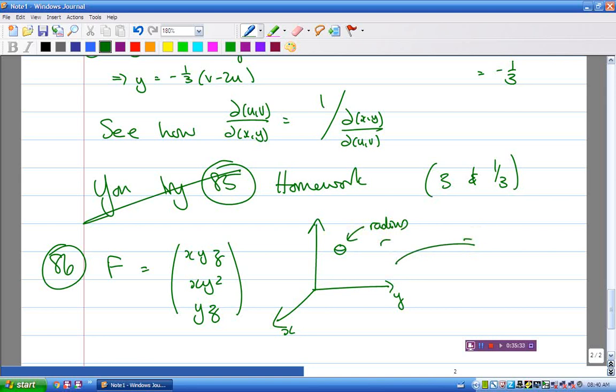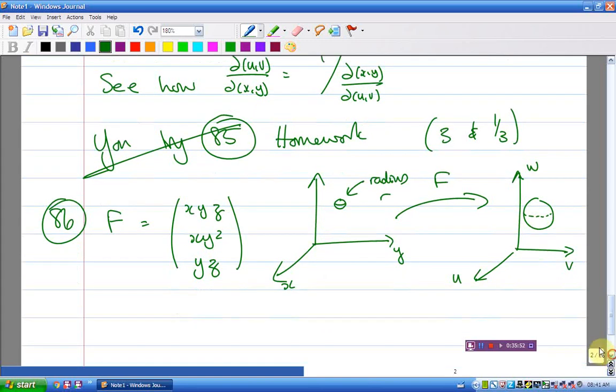We're going to transform it under F into some other space. Names haven't been given to us, but I'm going to choose UVW. I'm just going to draw another sphere, even though it isn't necessarily going to be a sphere. And the question is, what is this one's volume? So the volume of the original is going to be 4 over 3 pi r cubed. We're not told what r is. We've just been told it's small.